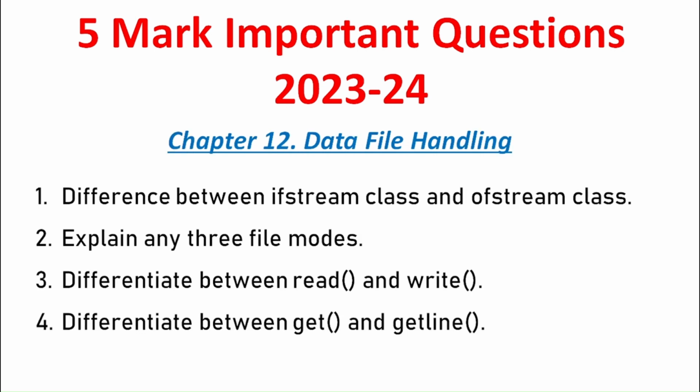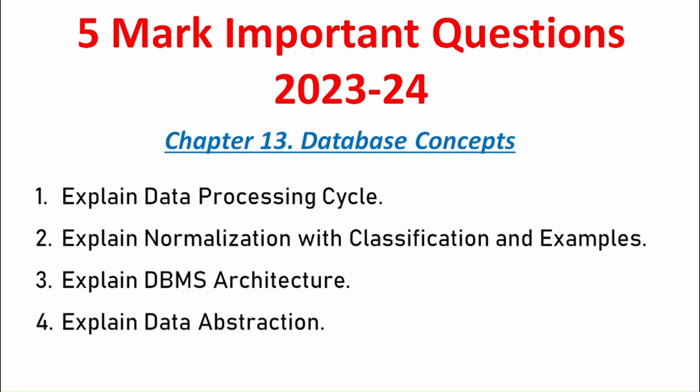From the data file handling chapter, you must study the difference between ifstream and ofstream classes, as it is asked many times, and any three modes to open a file. The next question is to differentiate between read() and write(), or get() and getline(), which could be asked.